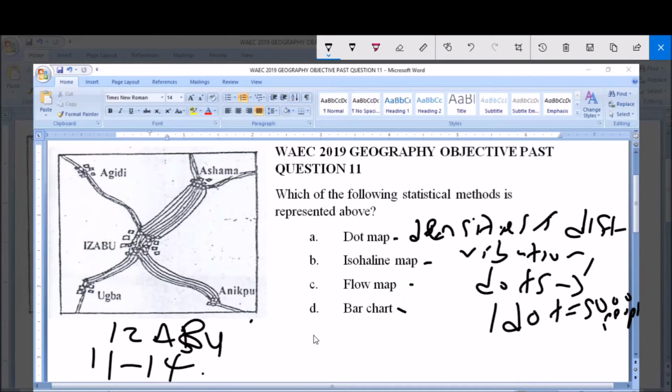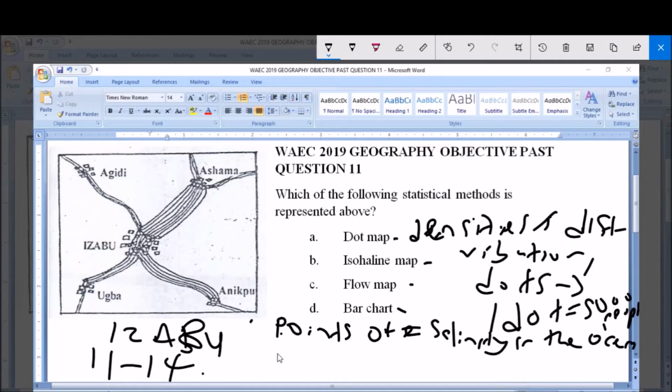Now, an isohaline map is a map that indicates points of equal salinity in the ocean. Points of equal salinity in the ocean.